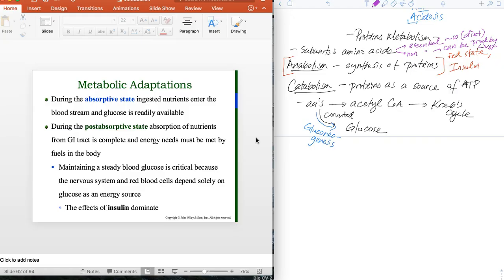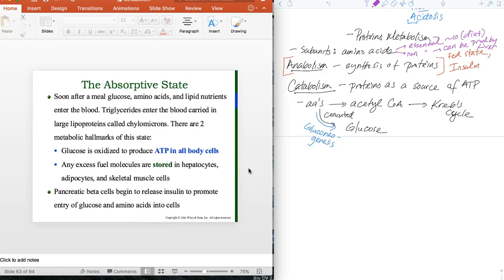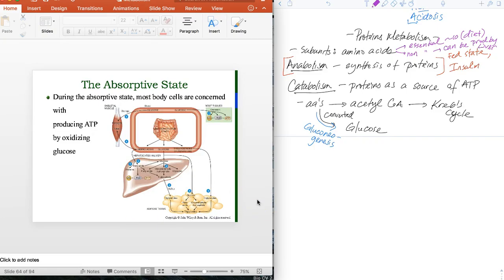One thing you may have noticed is that in this absorptive state, you have a lot of nutrients that you've just ingested. Post-absorptive, it's been a couple hours since a meal, and the absorptive state is dominated by insulin. This is when you are going to store things, and insulin from the pancreas is being produced.